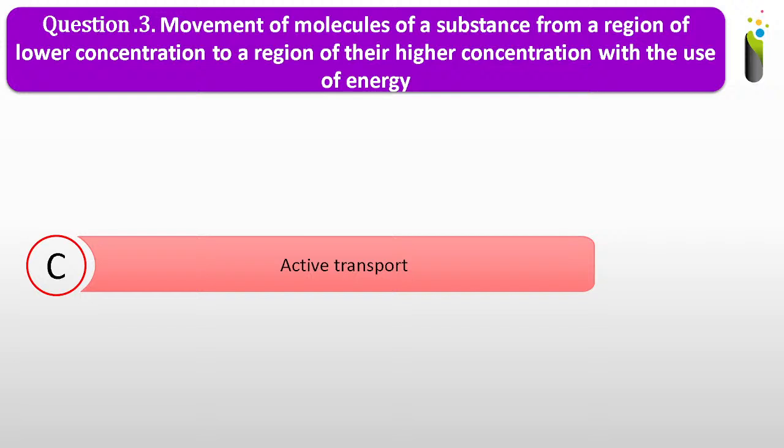That is, the flow is from the lower to the higher level, with the expenditure of energy. That's the reason it's called active transport. Whereas passive transport does not really require this much energy, because here the flow occurs from higher to lower concentration, that is along the concentration gradient. So this is the difference between active and passive transport.